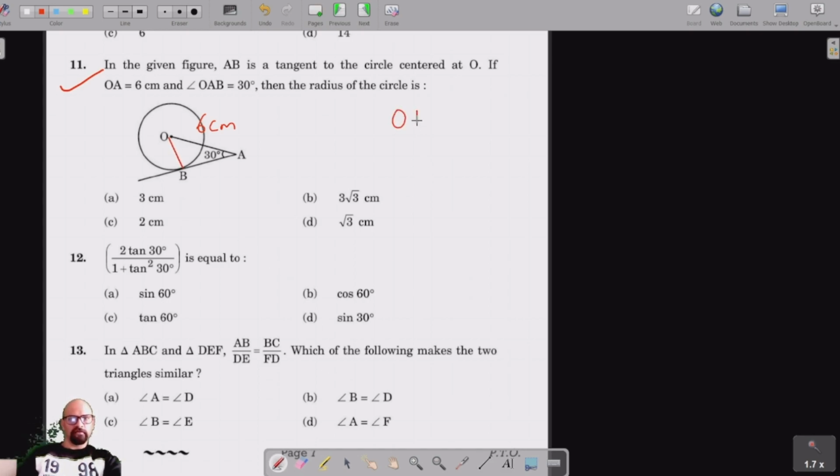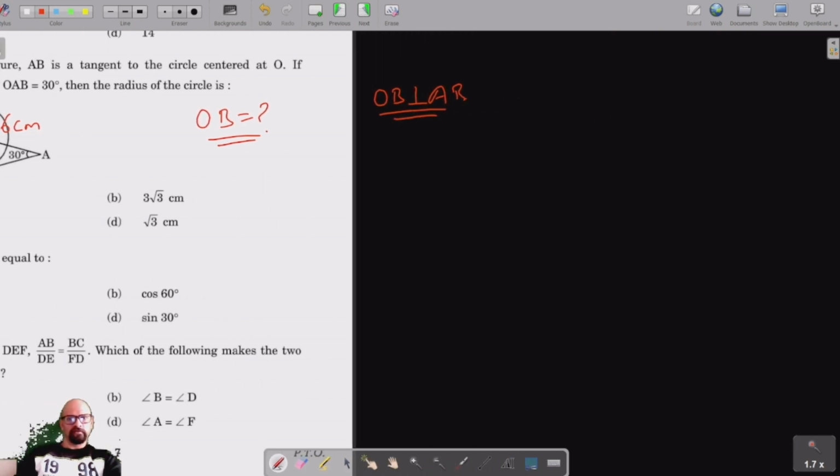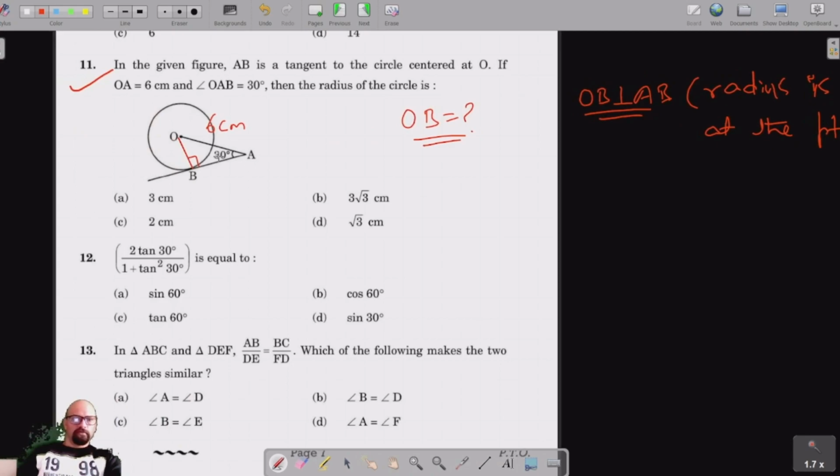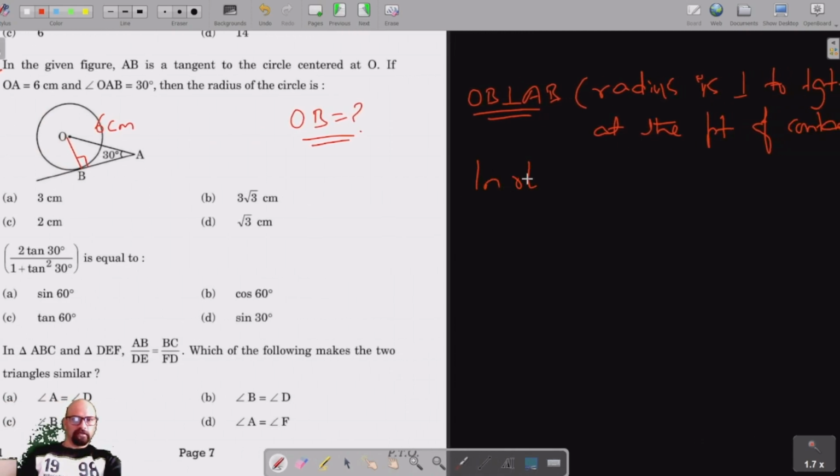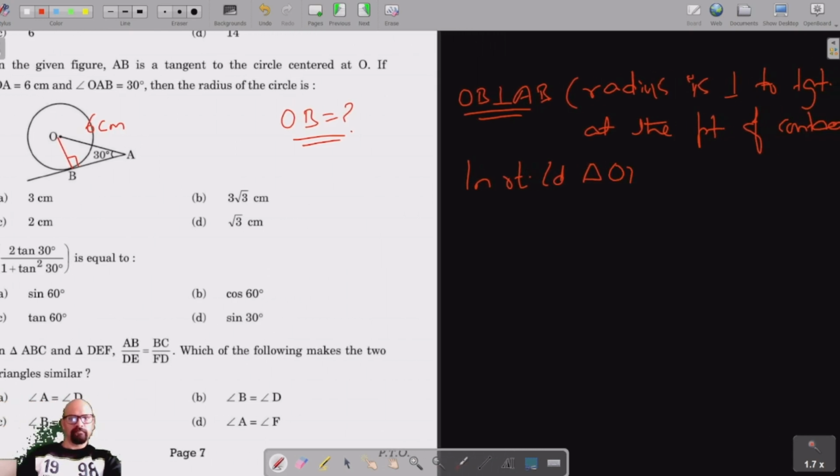Now we know that OB is perpendicular to AB because the radius is perpendicular to the tangent. So this is now a right angle triangle OBA.